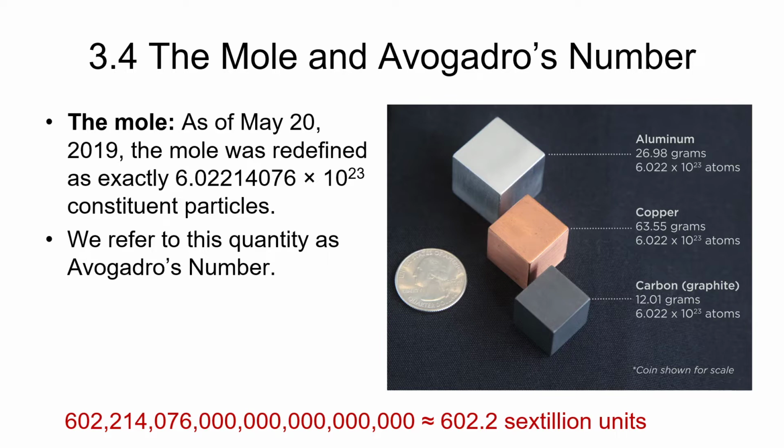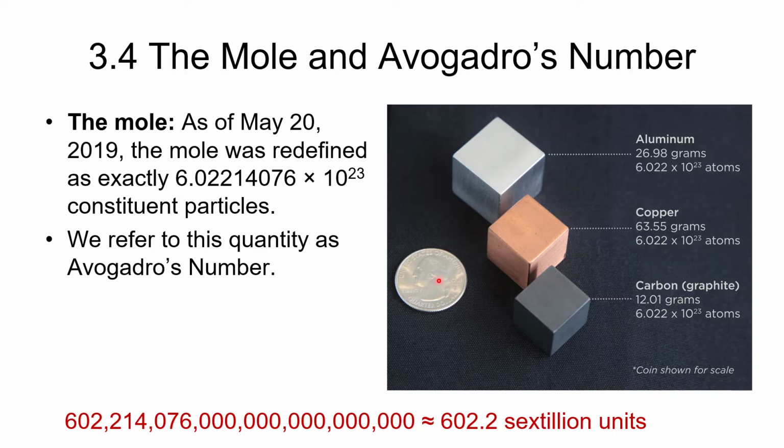So if we look at the picture over here on the right, that picture shows what 1 mole of several different substances looks like. And what it looks like is going to be different depending on the average mass of the atoms, and also depending on its density. The density will make it look bigger or smaller.